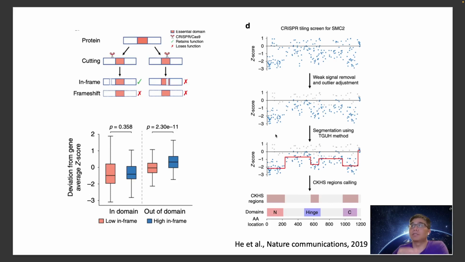process. We used a method called tail-greedy unbalanced Haar. Okay, this is a segmentation method based on the unbalanced Haar wavelet. This method is very frequently used. The Haar-based wavelet method is very widely used for signal processing.